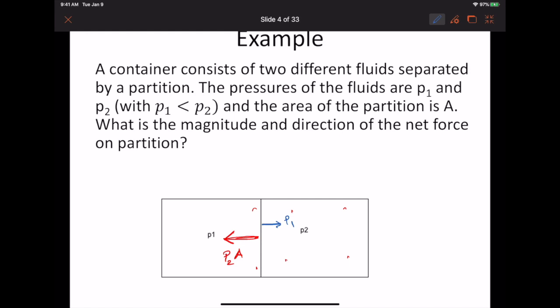So the force is just going to be P1 multiplied by A. And so what is the net force on the partition? The net force will be to the left, and the magnitude of the net force would be P2A minus P1A, or in other words, (P2 minus P1) times A, which can be written as delta P multiplied by A.